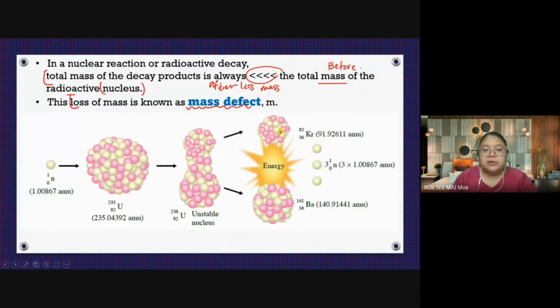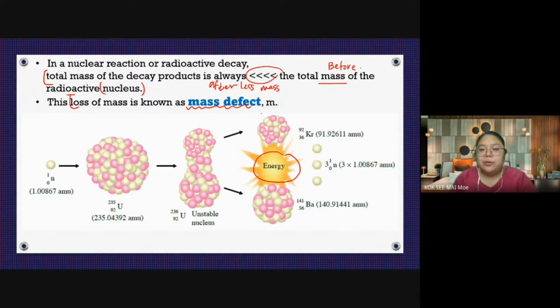Okay, so from here, this is an example of nuclear fission. You see the neutron bombards the uranium. After that, they produce two lighter nuclei, daughter nuclei: krypton and barium, and also 3 neutrons. Okay, don't forget energy.